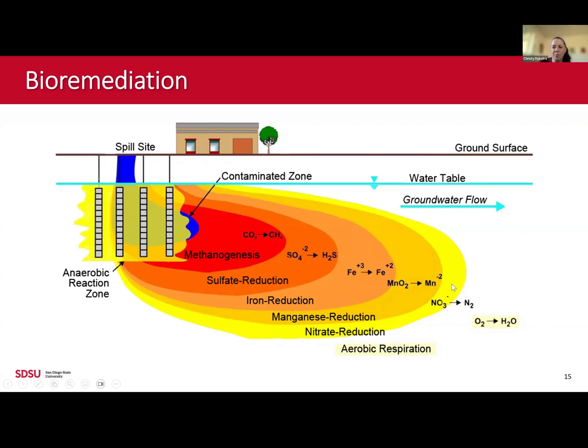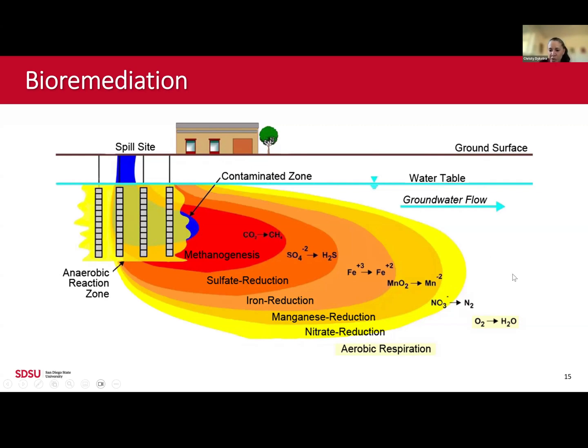And here, the microbes have already consumed all of the oxygen, so now they're on to their next best electron acceptor here, this nitrate. And so this is an area where nitrate reduction is happening. So different microbes will be doing nitrate reduction here, just like different microbes will be out here doing aerobic respiration.